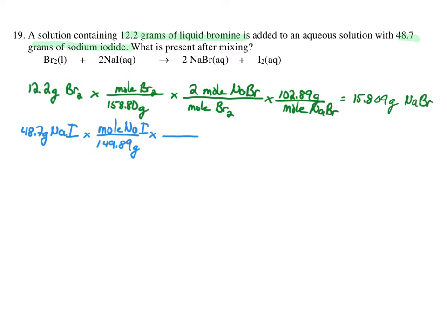It doesn't matter which of these products we choose to compare, but we want to be consistent between these two trials. So we have 2 moles of sodium iodide that react completely and produce 2 moles of sodium bromide. Now we can get to grams by multiplying by the formula weight.